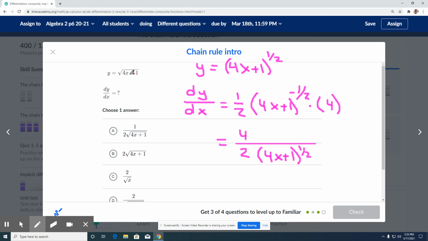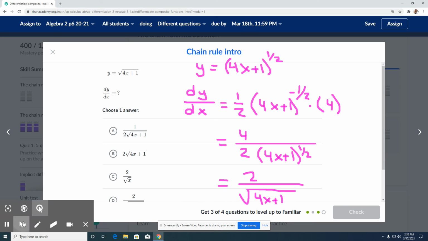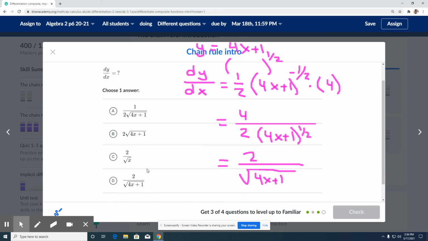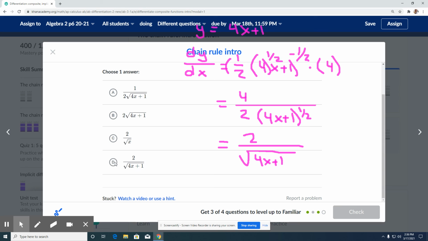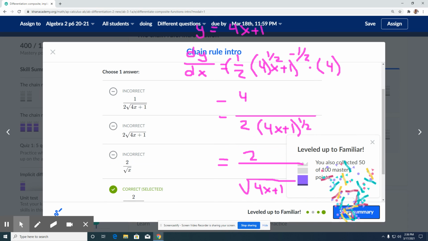Our problem gave us square roots, so we want to give them an answer with square roots, and I'll reduce this out. 2 goes into 4 twice. This is now the square root of 4x plus 1. So we have to do it in pieces. 2 over the square root of 4x plus 1. Yep. Okay. And the rest should be similar, just doing those in pieces.